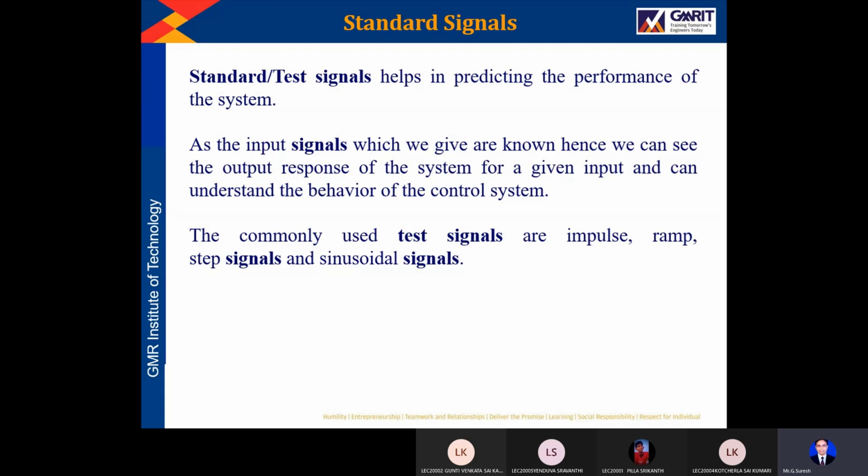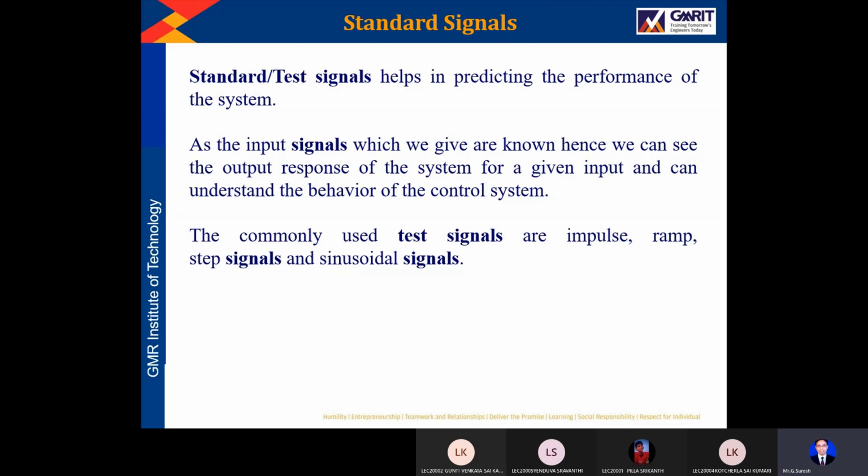Only those signals will be fed to the system, and once we know the input signal behavior, we can see the output or obtain the response of the system for the given input. Based on that, we can understand, study or analyze the behavior of that particular system. All the signals we use for this purpose are said to be test signals.